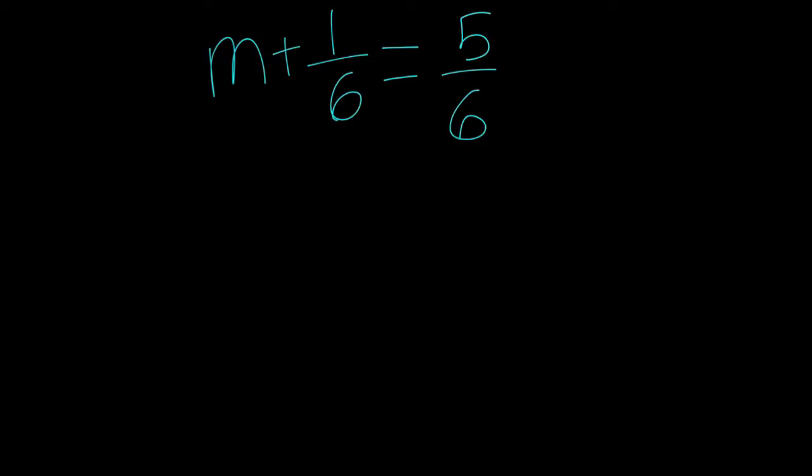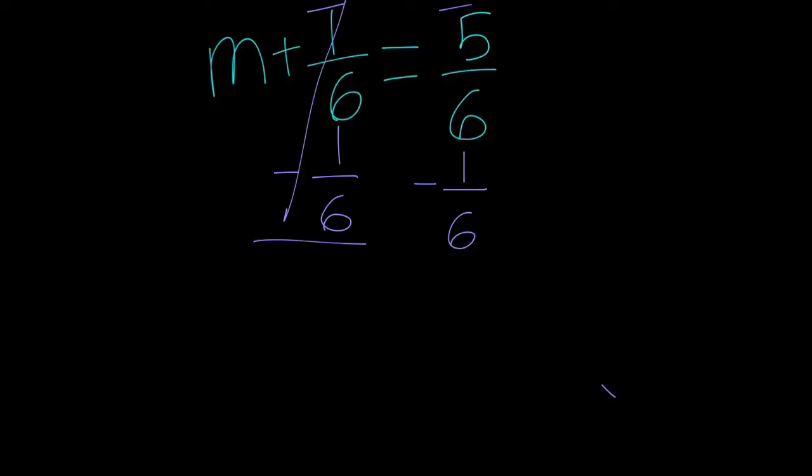To solve this problem, you need to do what can cancel out addition, so that is subtraction. So it's minus 1/6, and then you need to do the same that you do for this problem to the answer. So you do minus 1/6, so this cancels each other out.